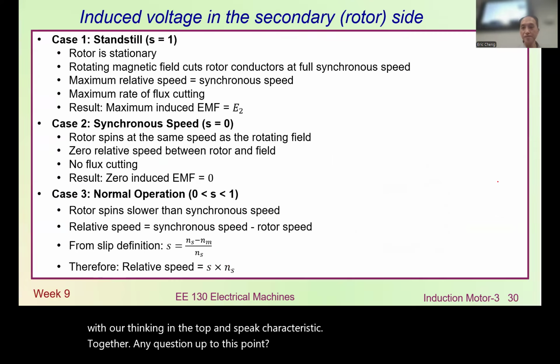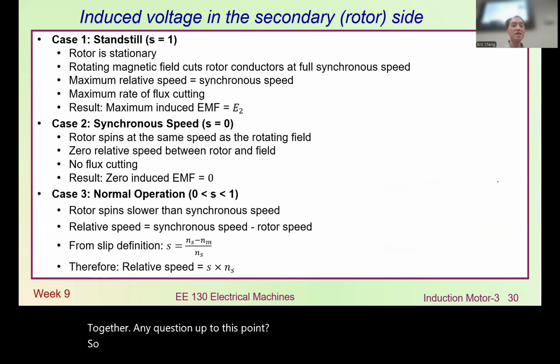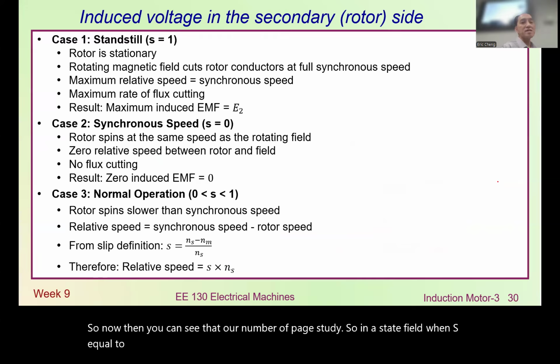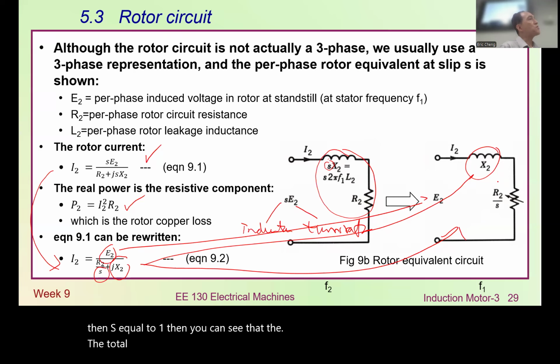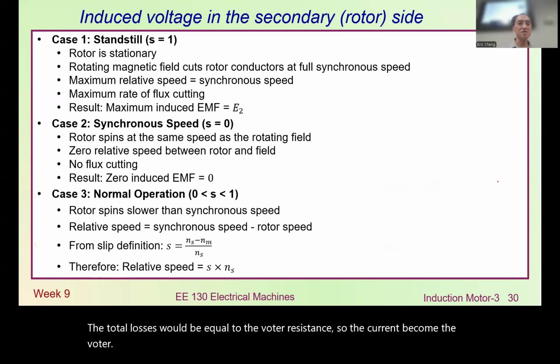Okay, good. So now you can see our number of case studies. At standstill, when S equals 1, when the motor is just trying to start, the motor will be stationary, speed equal to 0, then S equals 1. You can see that the total loss will be just equal to the rotor resistance, so the current becomes limited by the rotor resistance.